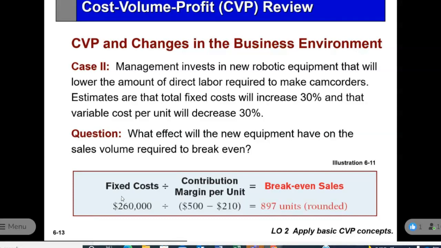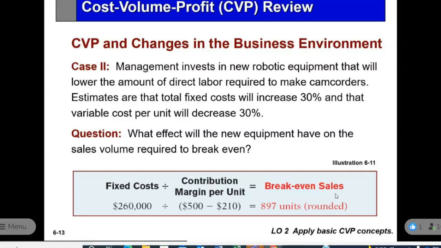So once you do that, this is what you're looking at. Fixed costs now increasing from 200 to 260. And the contribution margin has gone from 200 to 210. So I've increased the contribution margin. Okay, and my break even is lower.